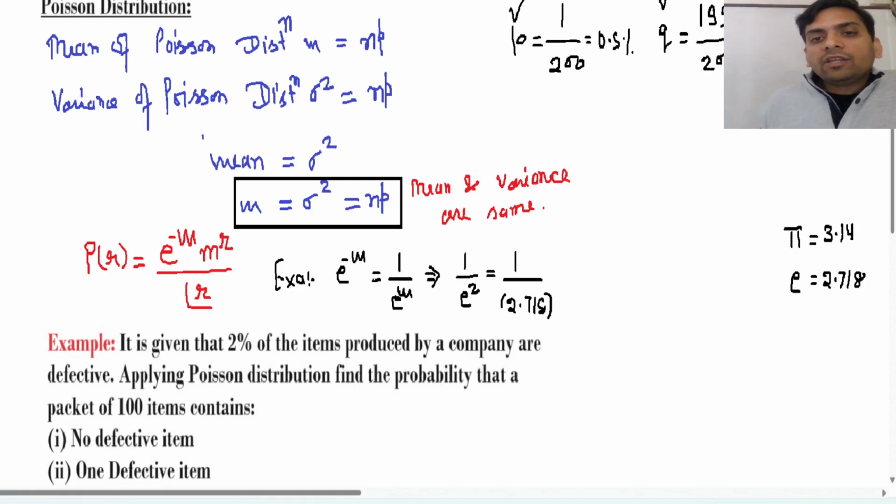So you can put E equals 2.718 and then you will find its square. Please calculate. And 1 divided by this quantity; first you will take the square.